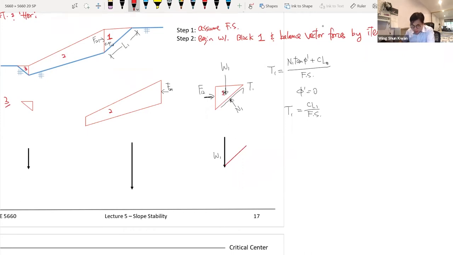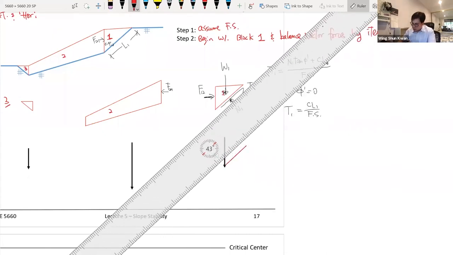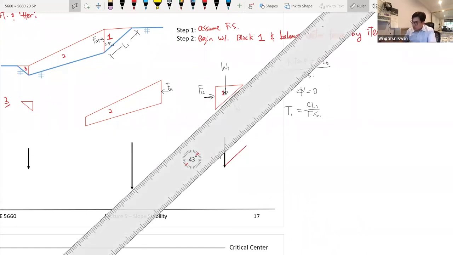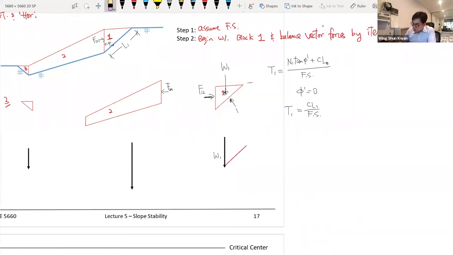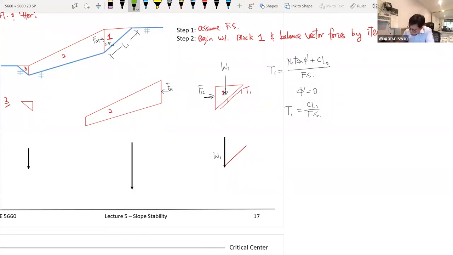And the next is you also know... So let's try to keep it consistent with the color, to make your life easier. I just want to make it better to see. So this is T1, and this is N1, at 90 degrees.